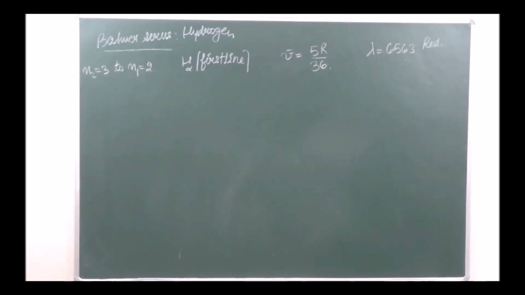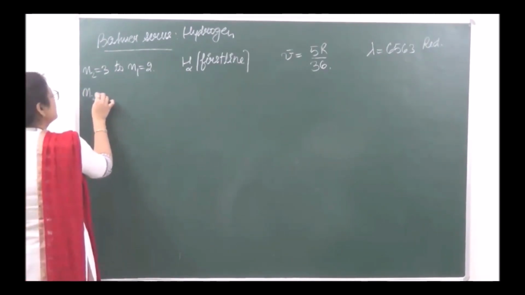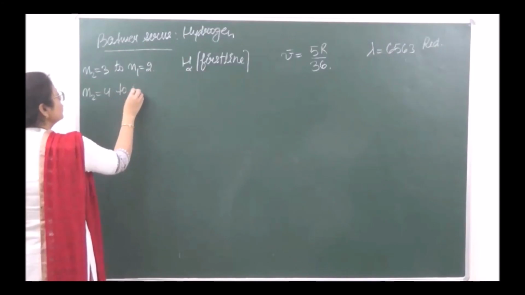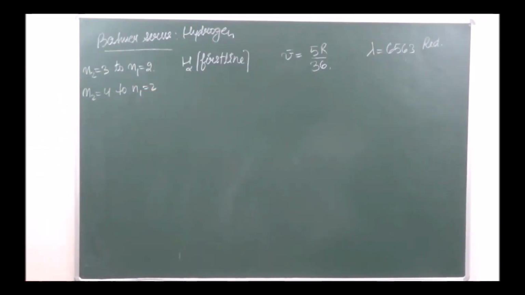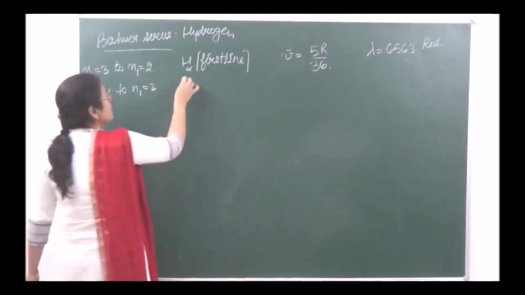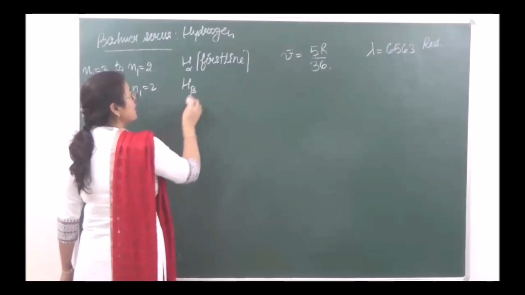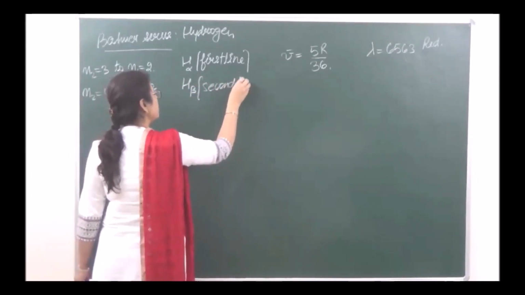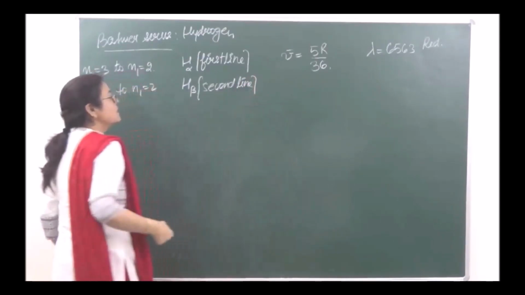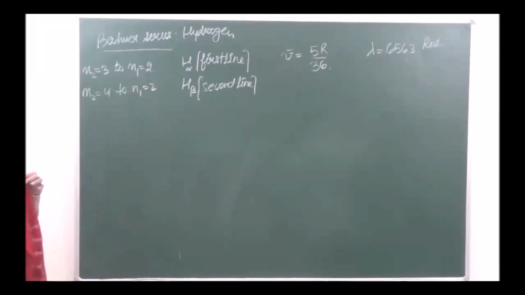Okay, then the second transition which we are going to do is N2 equal to 4 to N1 equal to 2. For Balmer series, N1 is always equal to 2. And this transition is represented by H beta. This is the second line.